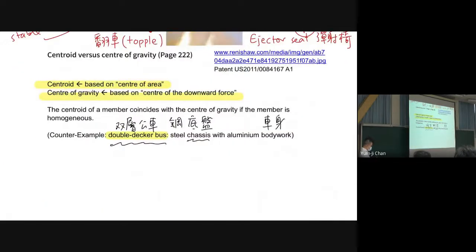The centroid, we talk about the relationship between centroid and center of gravity. And this word, homogeneous, is pronounced homogeneous.